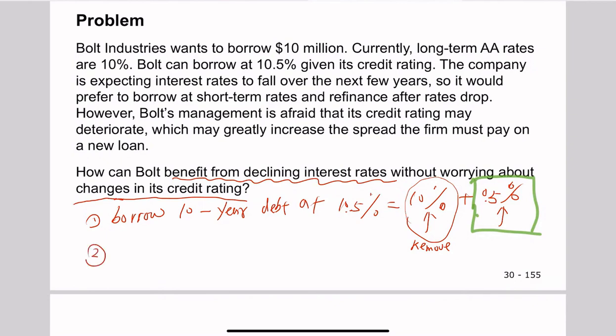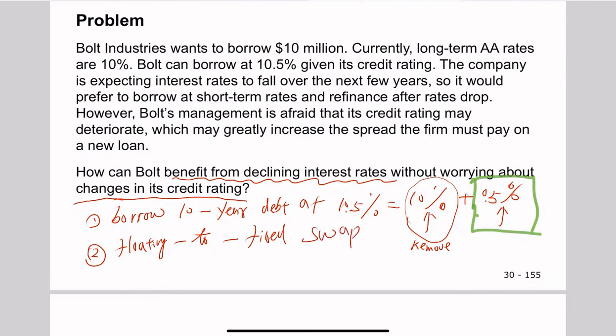So in this case, you can see that the firm needs to enter into an interest rate swap, and in this swap, the firm pays floating rate and it receives fixed rate. So in this case, the firm will enter into this floating to fixed interest rate swap, right?